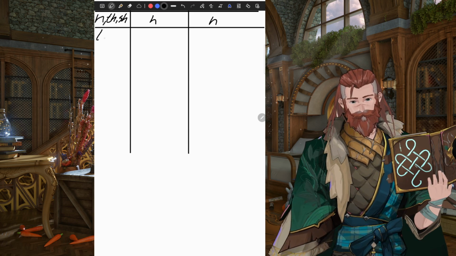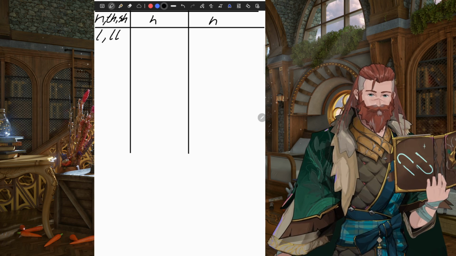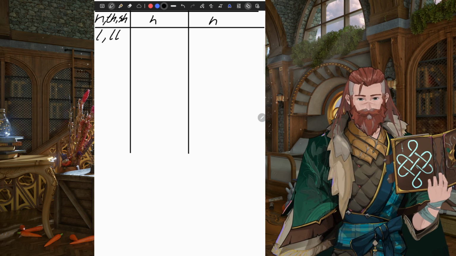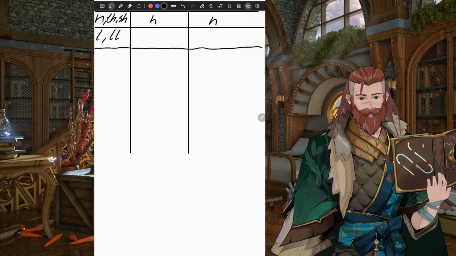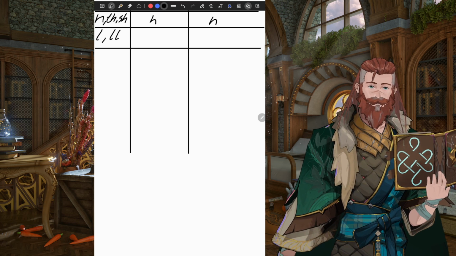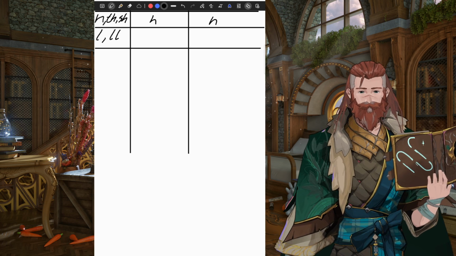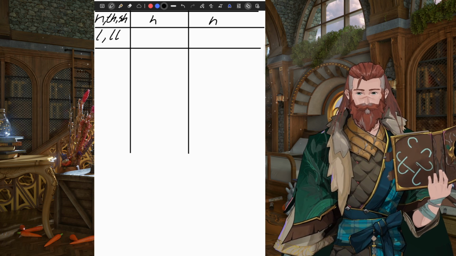For the L sound, slender versus broad, again, this is going to be a real subtle difference. For our slender L, think about how you would pronounce the L in like. With the broad, think about how you would pronounce it in skill.